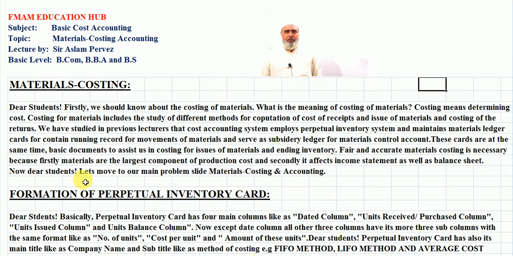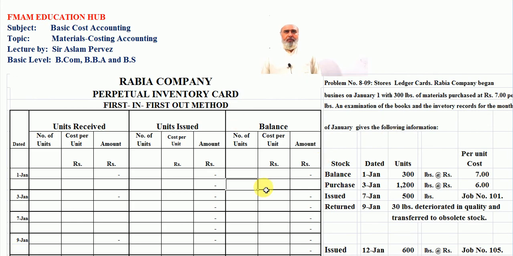Now dear students, let's move to our main problem slide: materials costing and accounting. Students, this is our main slide. Problem number 8.9, which is taken from the book of Professor Sohail Afzal.